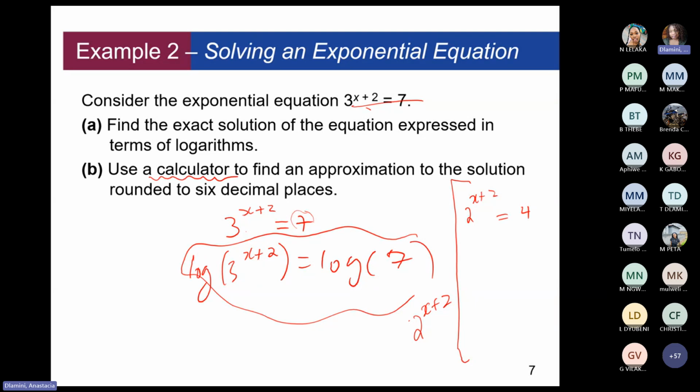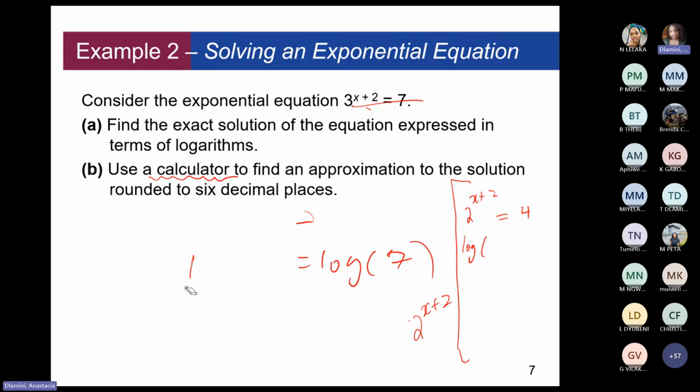Composition just means, remember, you take a function and put it inside another function. So if I take log here, let me just erase here for now.